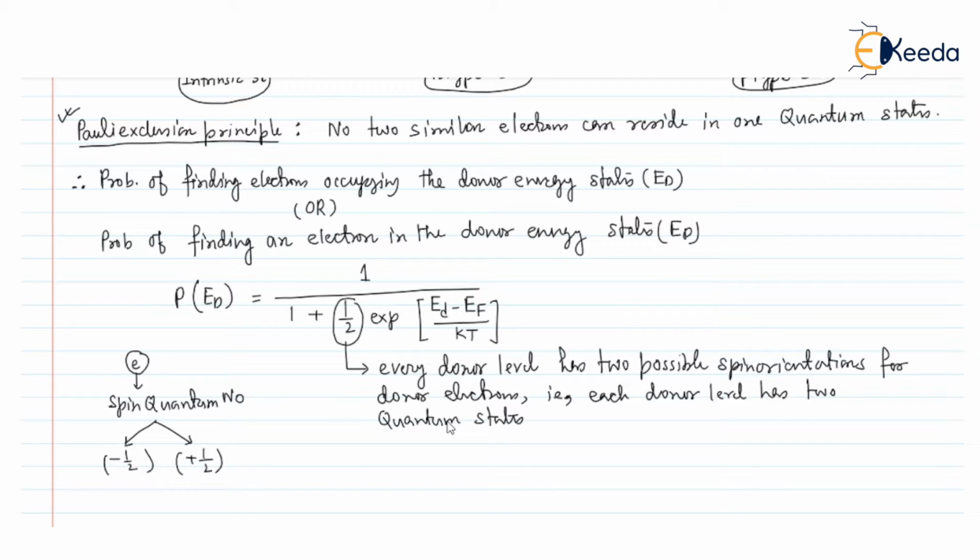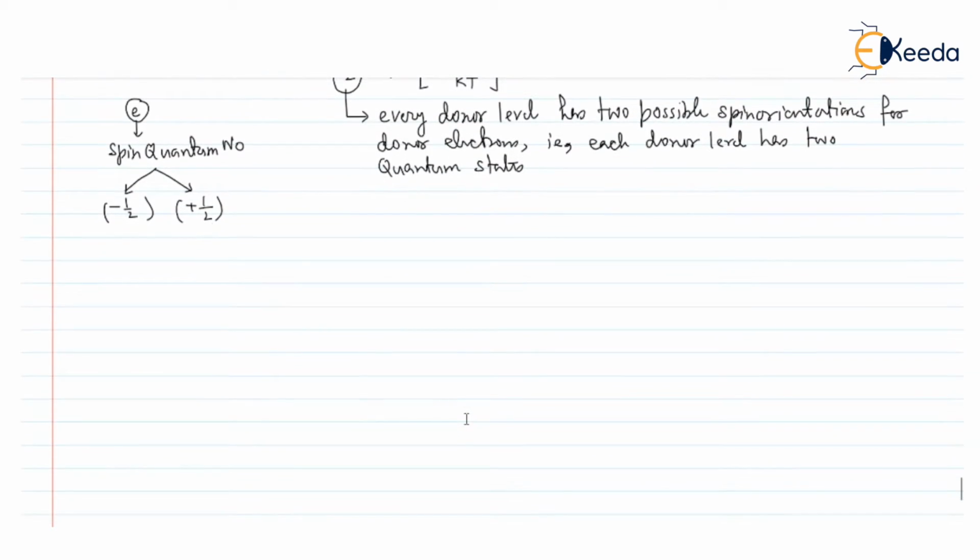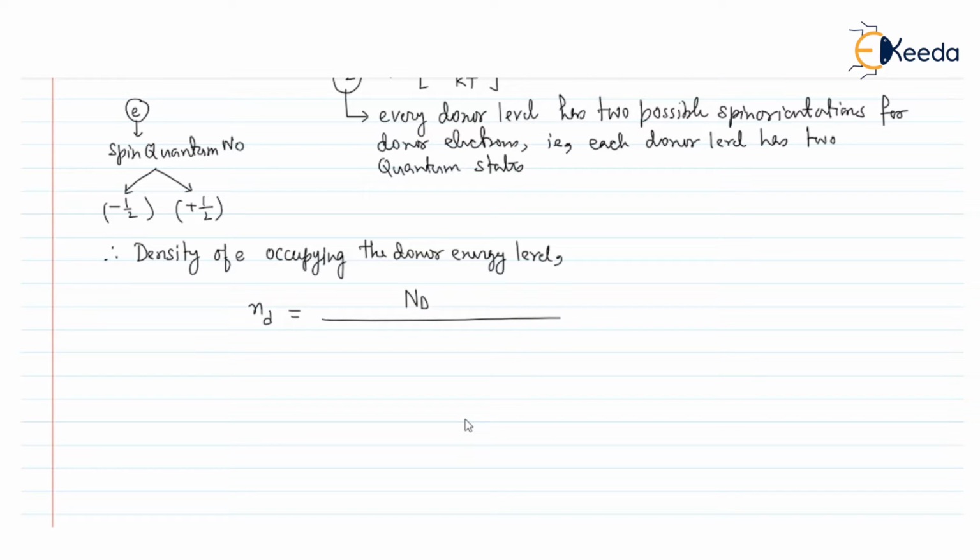So the density of electrons occupying the donor energy level, if we denote it with small n suffix d, will be capital Nd divided by 1 plus half exponential of (ED minus EF) by KT.